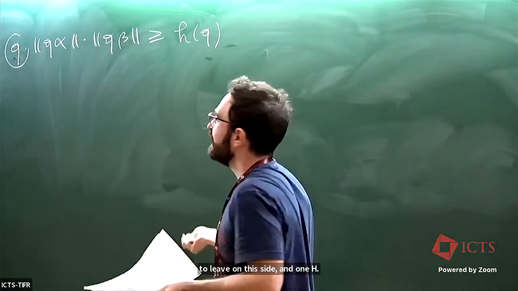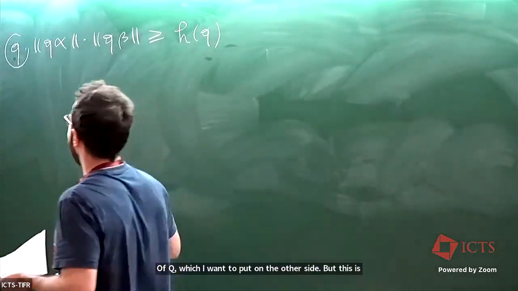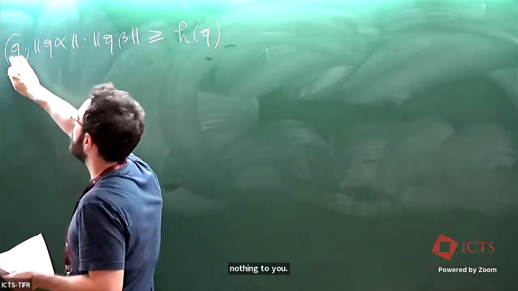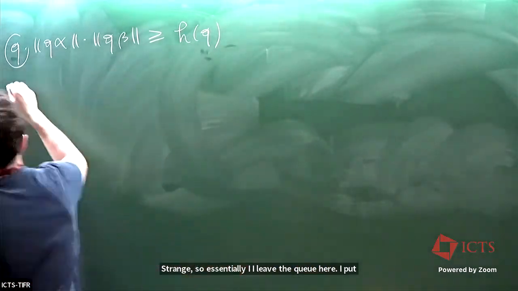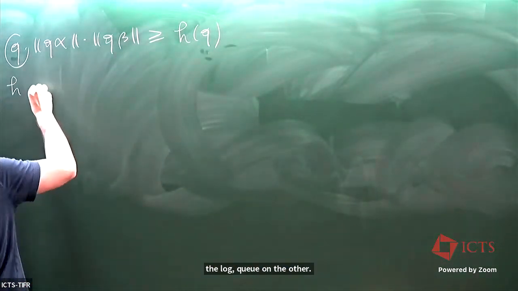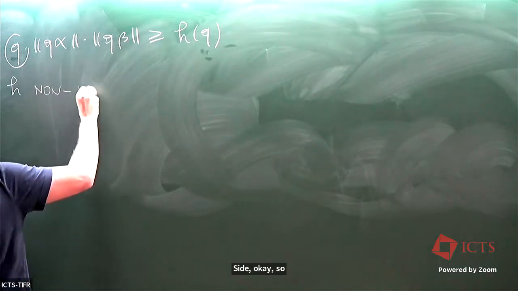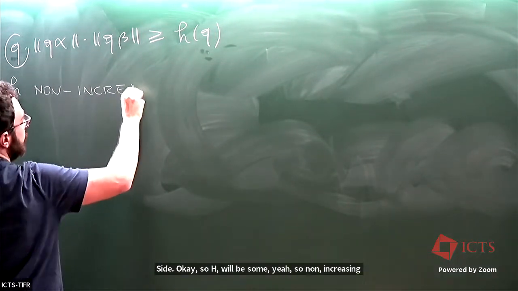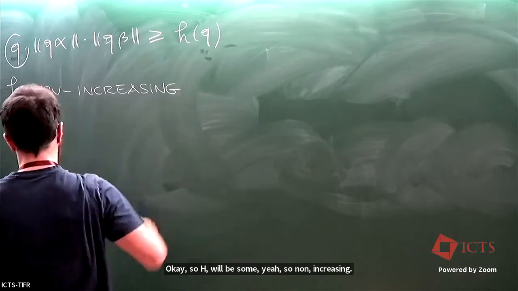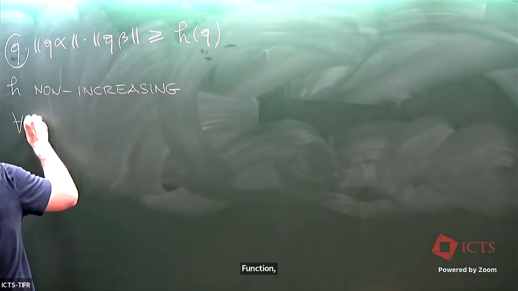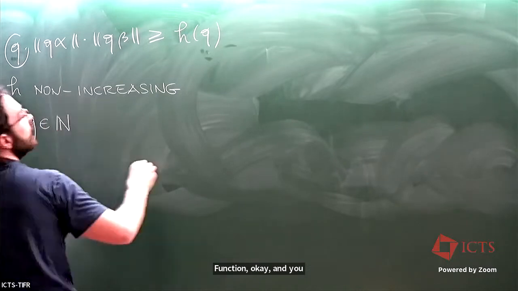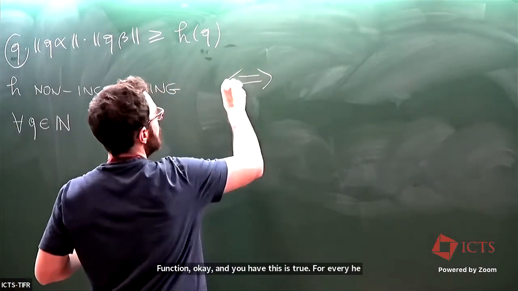But this is nothing too strange. So essentially, I leave the q here, I put the log q on the other side, okay? So h will be some non-increasing function, okay? And you have that this is true for every q in N, if and only if.